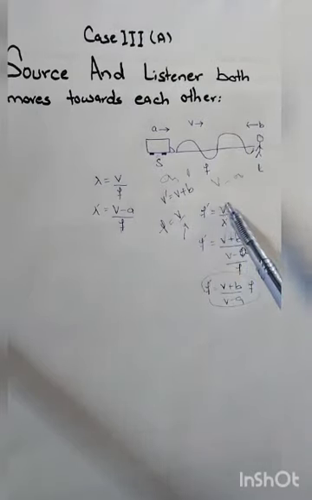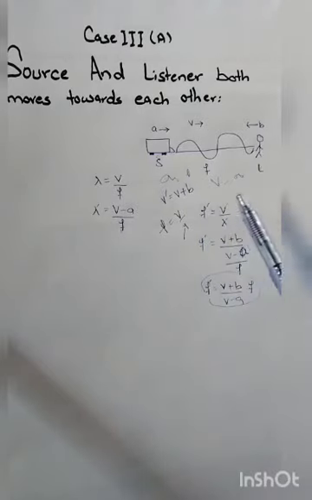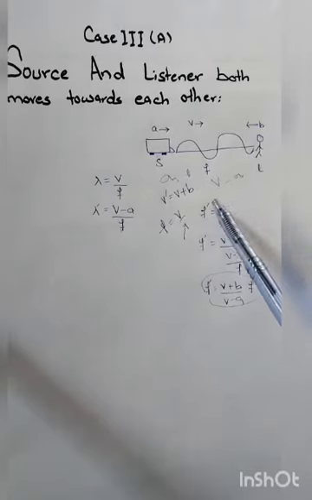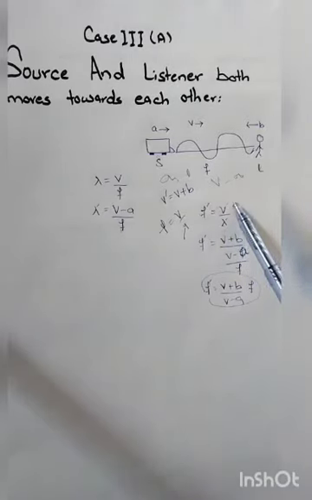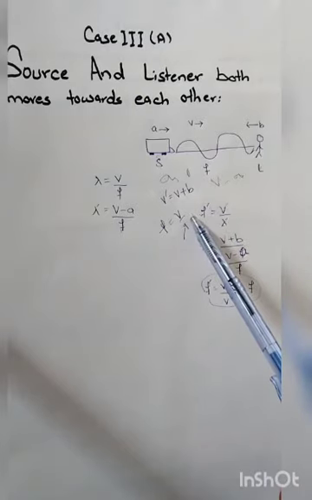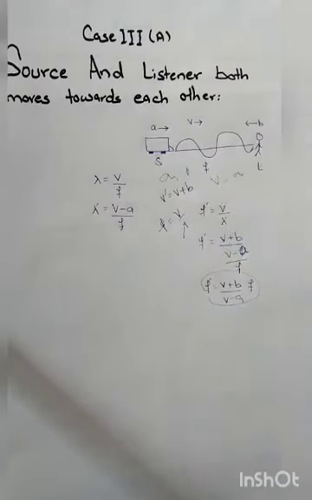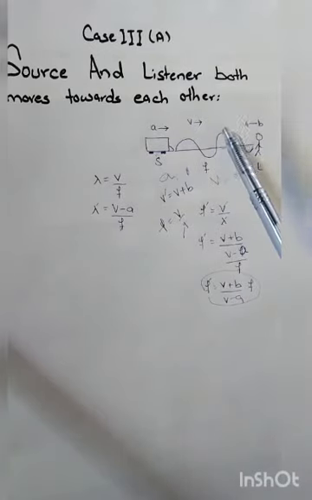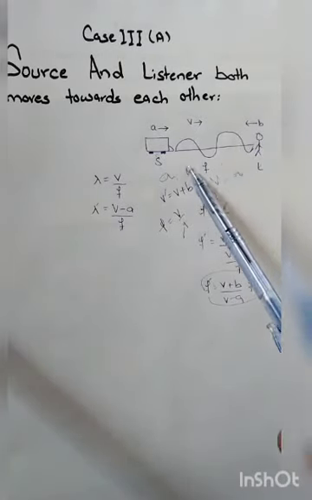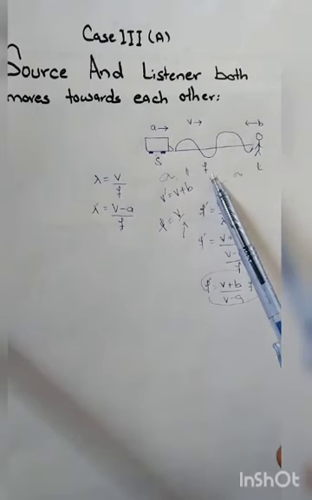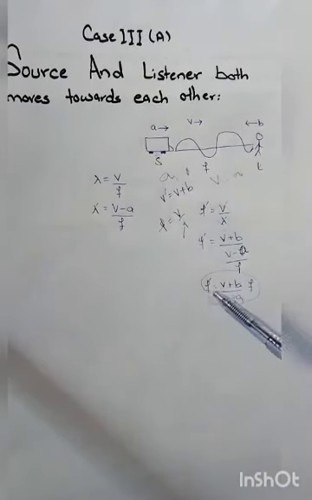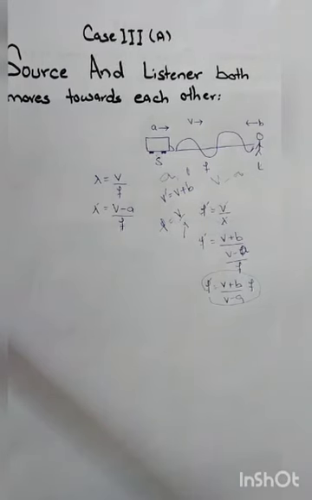Due to the increase of speed, the frequency again increases. So we conclude that when the sounding source and listener both move towards each other, the resultant frequency of the sound increases, and due to the increase of frequency the pitch of the sound also increases.